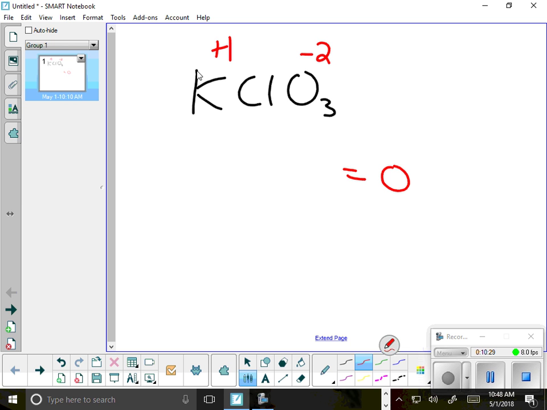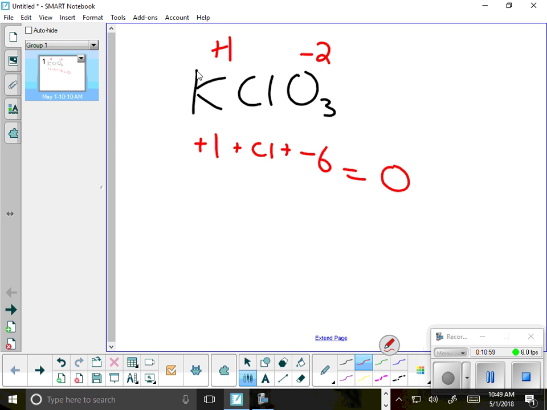Here's how I would figure out the oxidation number for chlorine. There's 1 potassium in the formula KClO3, so I have an oxidation number of 1 there. The chlorine I'm trying to figure out, so that's kind of my variable. I could call it X if I wanted to. There are 3 oxygens. If each oxygen is a -2, that means my total negative is -6.